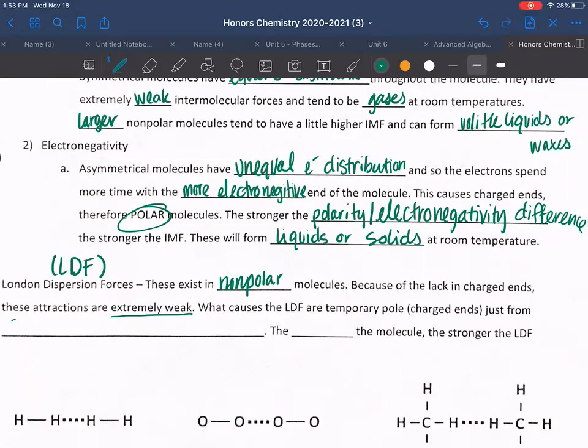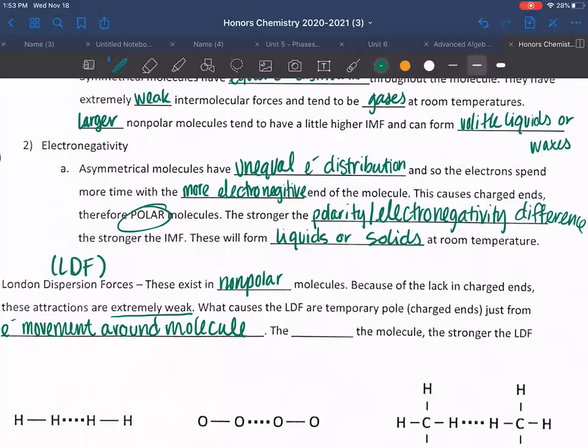And so what causes these forces is that temporary poles or charged ends do form just from the movement of electrons around the molecule. It's very brief that this happens, and it doesn't happen a lot, which is why they have weak forces.